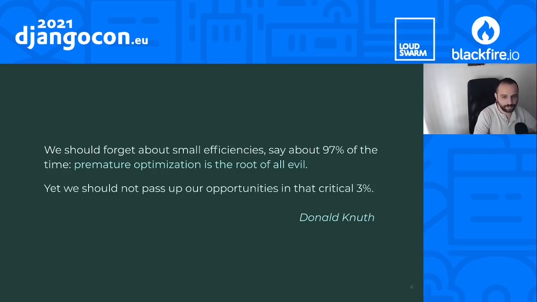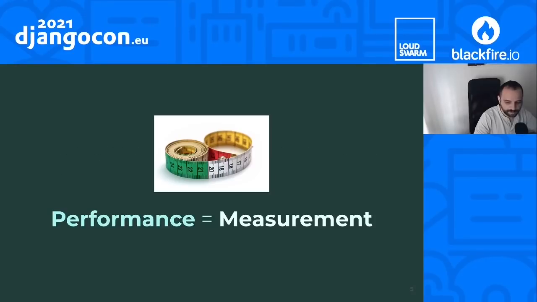And this will hopefully be the main topic of my talk today. Before going any further, I'd like to rephrase something again, which is: you cannot improve something you cannot measure. So measuring is key. And the tools we use today to measure code are called profilers.